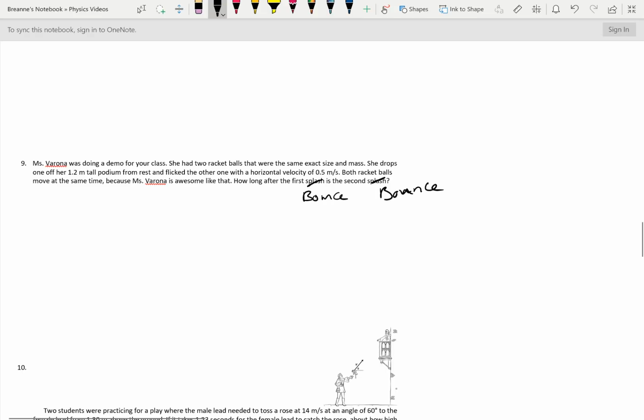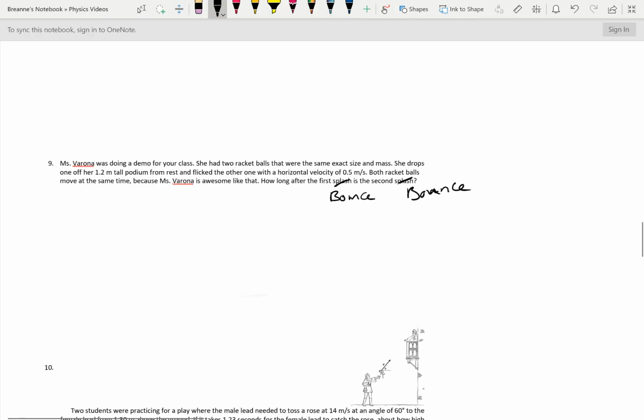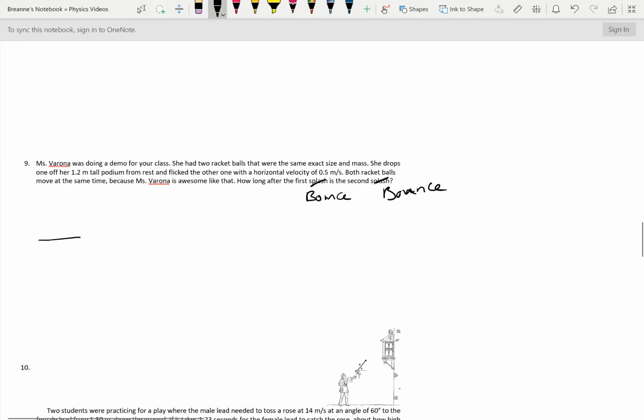So basically, how far apart are the two bounces? So if we have a podium, we have two balls that are at the same height, and one is just dropped. And then the other one is launched.